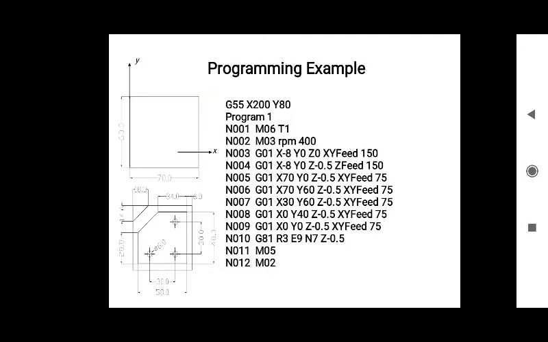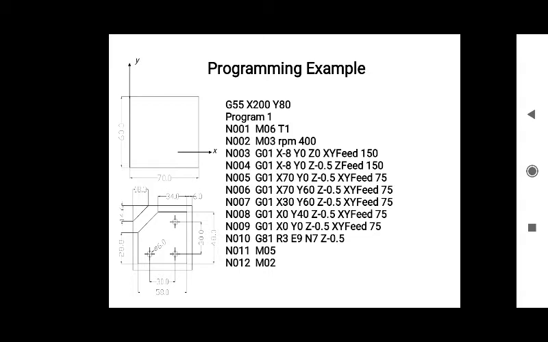Now we are moving our cutter towards the left side, that is from X70 Y60 to X30 Y60. Okay, now let us see N007, that is G01, X30, Y60, Z minus 0.5, XY feed 75.